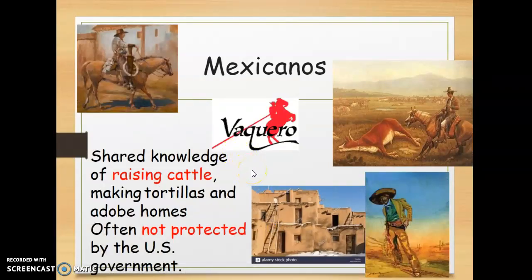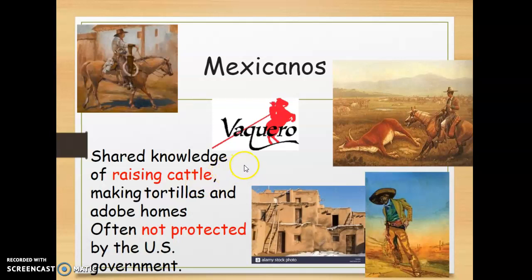All right, Mexicanos shared knowledge of raising cattle, making tortillas and adobe homes, often not protected by the U.S. government. And they lived primarily in the area that we acquired as a result of the war with Mexico in 1848. So that's Texas, New Mexico, Arizona, Nevada, Utah, Colorado, and California.